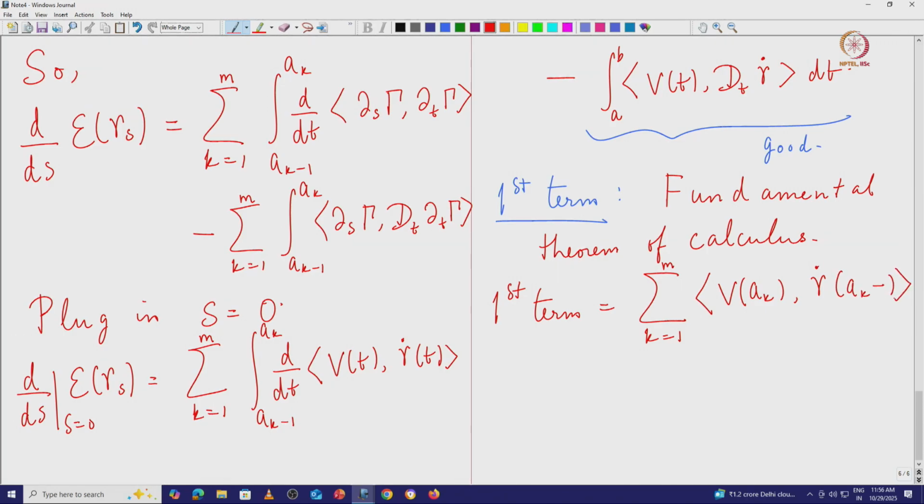Remember, gamma dot is not smooth at these ak's, right, and minus v of ak minus 1 at the other endpoint times gamma dot of ak minus 1 but from the positive side, the right side limit. Okay, so now let us write all of these out.